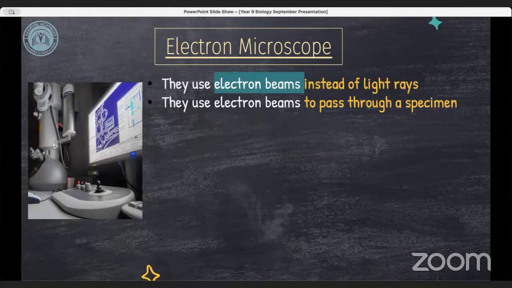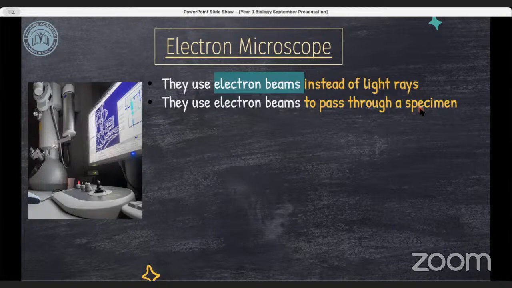They were using light, right? But here, they are using electron beams. Got it, children? So they use electron beams to pass through the specimen.